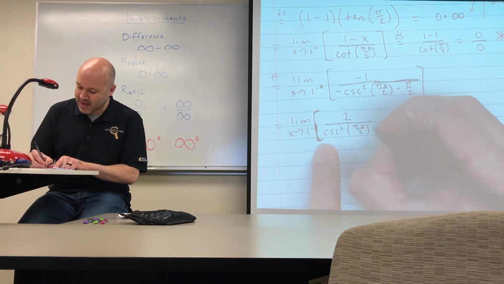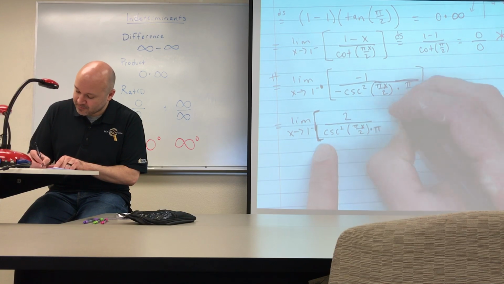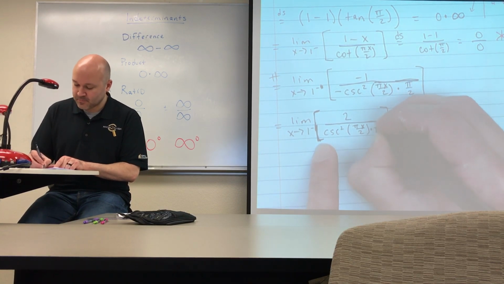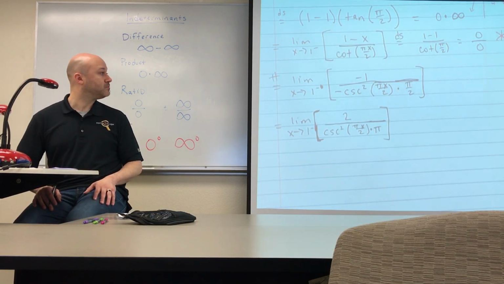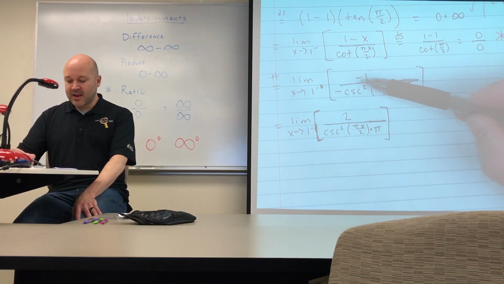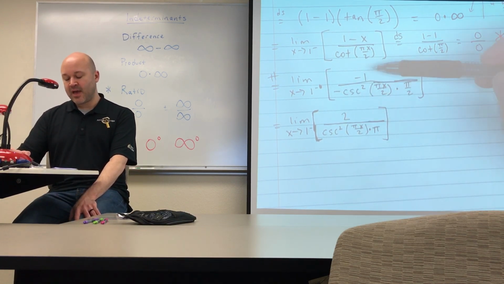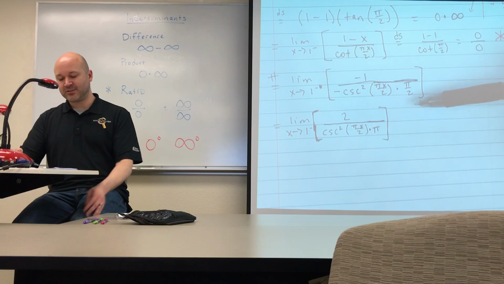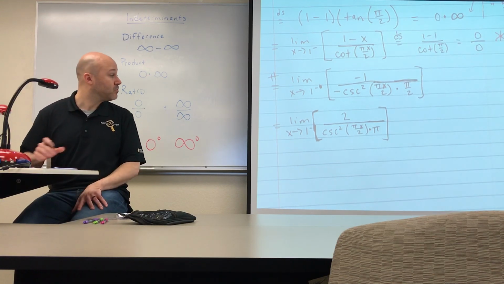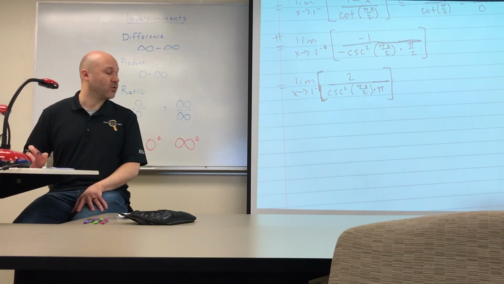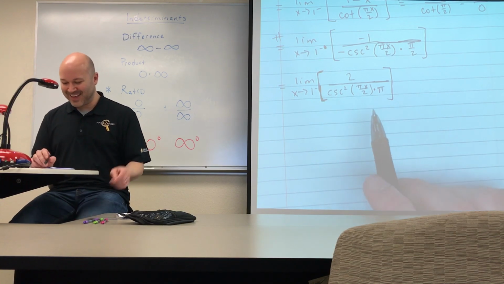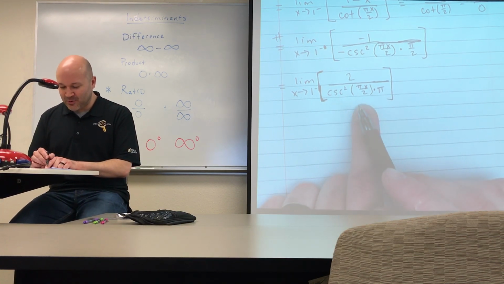I should probably put the pi out front, but times pi. Again, negative divided by negative is positive, and then if you take a fraction divided by 2, that 2 goes up top. Okay, so now I think I'm ready for direct substitution.